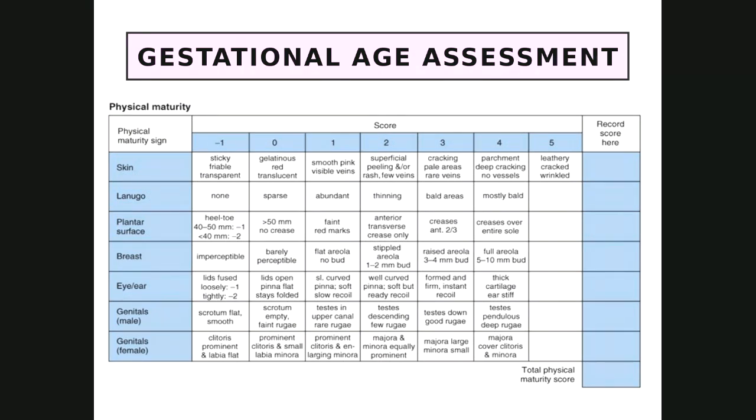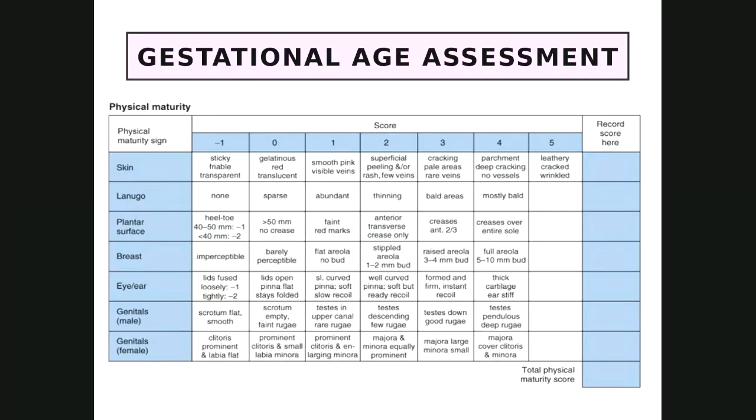But understand the transition. Again, lanugo. This one's a little funny, but no lanugo is a super preterm baby, right? As the baby matures, it actually has a lot more lanugo. Most abundant is between 27 weeks to 32 weeks of gestational age. Look up the exact number in your book.